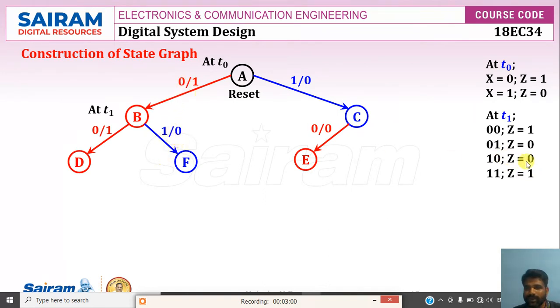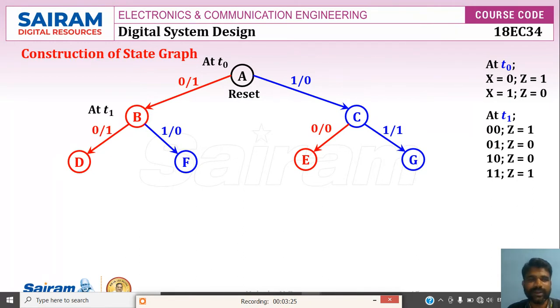If it is 1 0, output is 0. Again at C, if 1 is received, the total received sequence is 1 and 1. If it is 1 1, output is 1, so we made output 1. Clear? This is like a tree diagram.